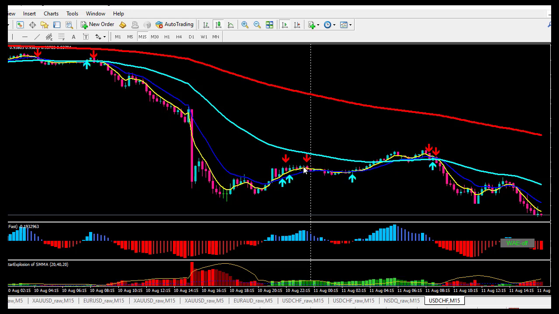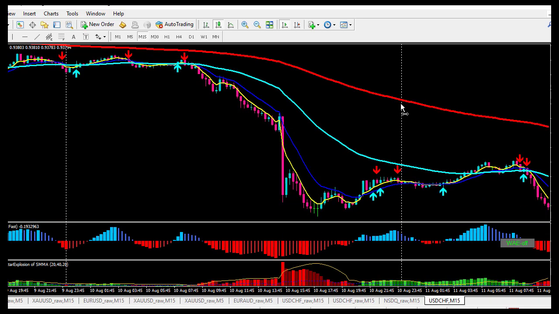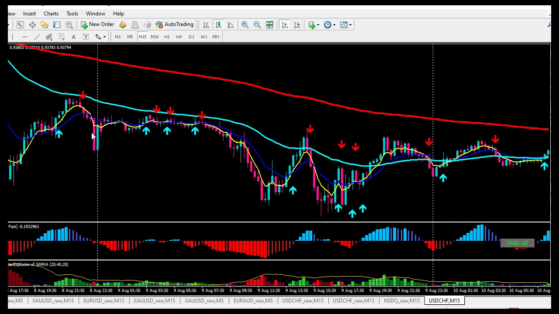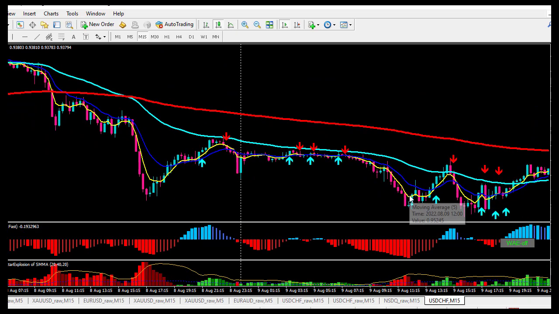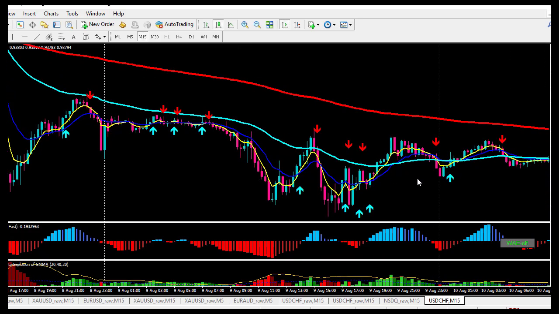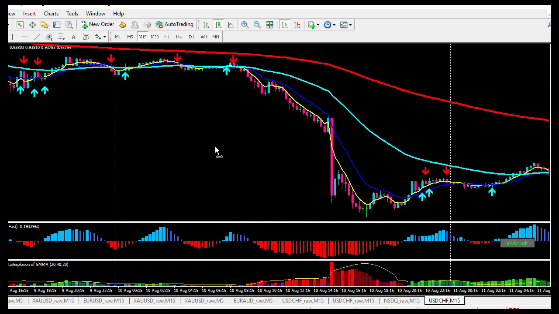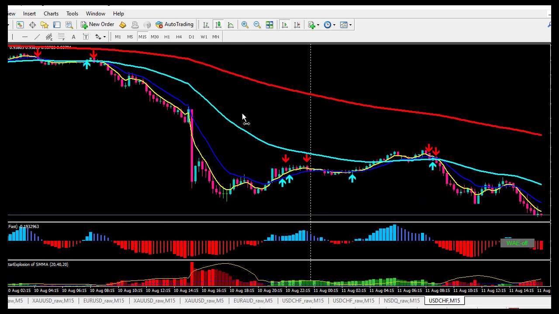Here we have the market open at this line, and since we are in a downtrend from the previous days, for like 5 days, 4 days right now, we are in a downtrend. So we will only sell in this particular market. We will only sell because it is below moving average 200, and so we are going to sell.